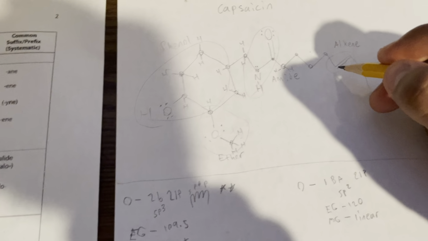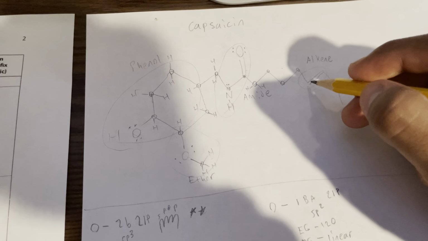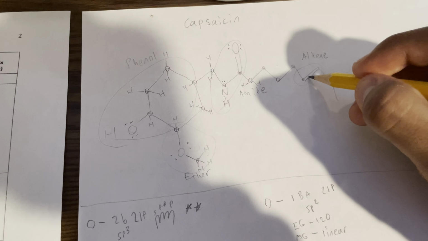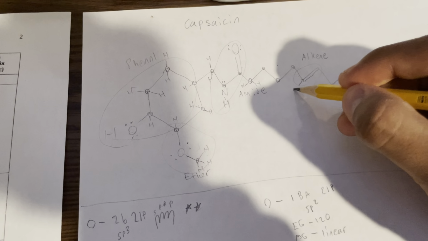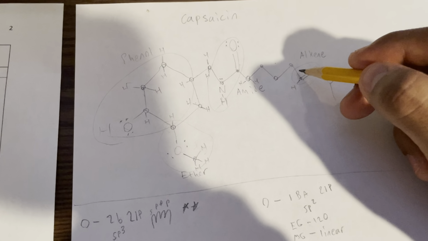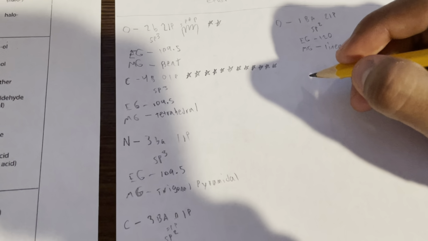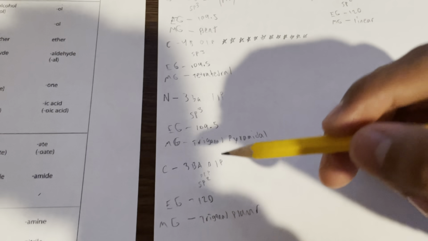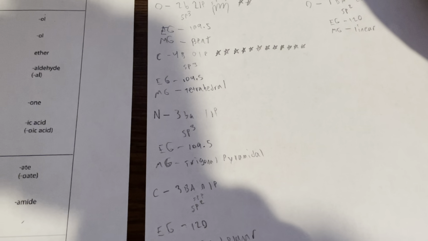All right, now we get over here to this little tricky one. We have a carbon over here. We have 3 bonds currently, and we're going to add 1 hydrogen over here. So now it has four bonds. So now this is going to be a different type of carbon, I believe. I don't think it's going to be any different. Could be the same as this one though, because we have 3 bonded atoms: hydrogen, carbon, carbon.